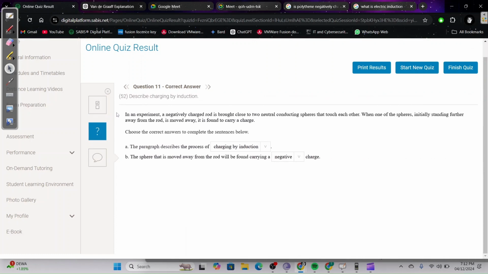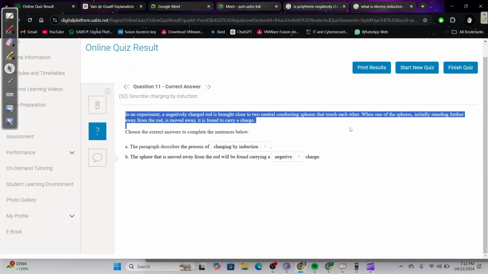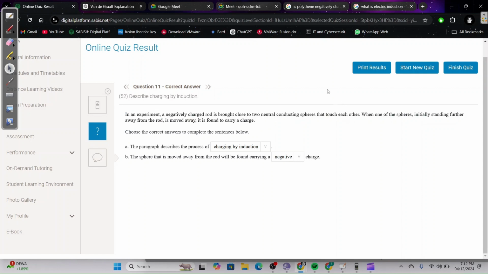Question 11. In an experiment, a negatively charged rod is brought close to two neutral conducting spheres that touch each other. This is induction. I explained induction in a later question, but I'll explain just a bit now. When the sphere initially standing further away from the rod is moved away, it is found to carry a charge.